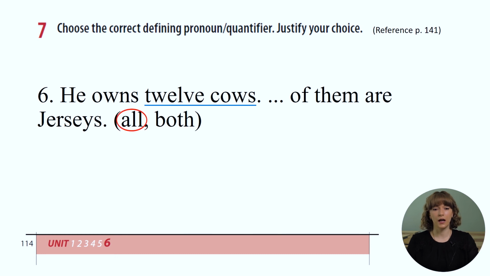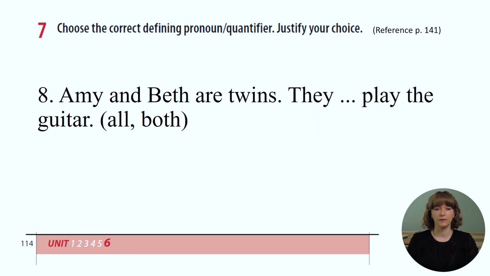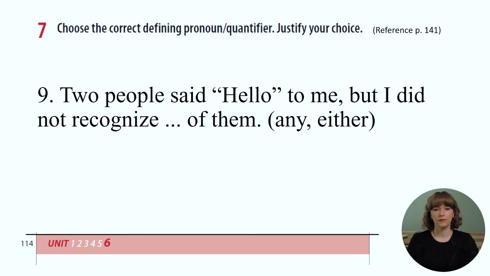He owns 12 cows. All the 12 cows are jerseys. Any, because we use it for indefinite quantities in questions and negative sentences. Both Amy and Beth are twins. Either, referring to 2 choices or possibilities.